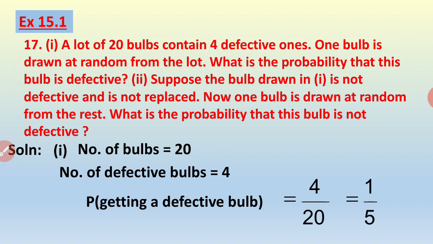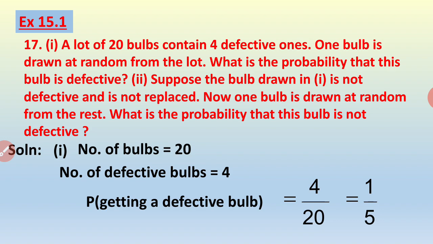So now there is one less in number of the good bulbs. Initially the good number of bulbs were 16. Now it is 15. And the total number of bulbs are also one less because one has come out. So total number of bulbs that is remaining is also 19. Now one bulb is drawn at random from the rest.